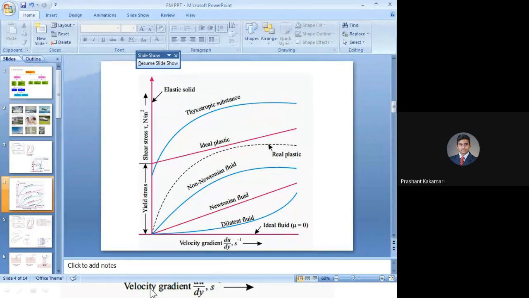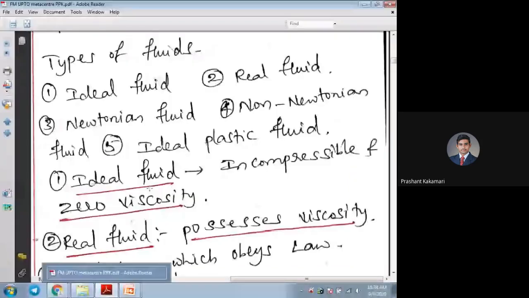So again, we'll come back to these notes and we'll observe. So we have ideal fluids, real fluids. Real fluids are nothing but almost the non-Newtonian fluids. Then Newtonian fluids, we have non-Newtonian fluids, ideal plastic fluids are there.